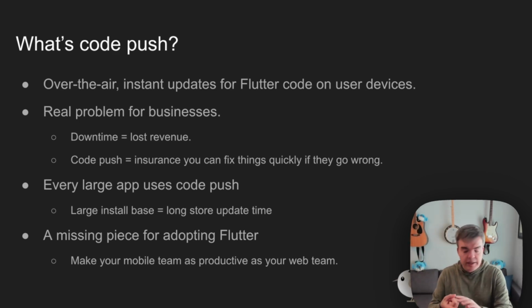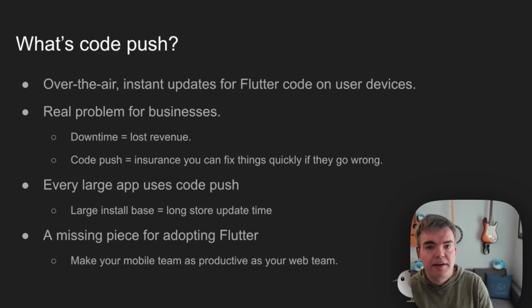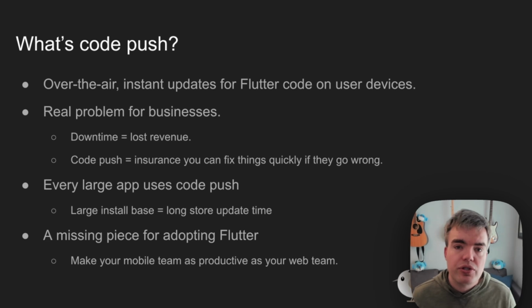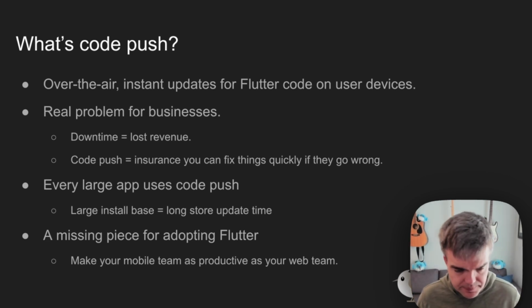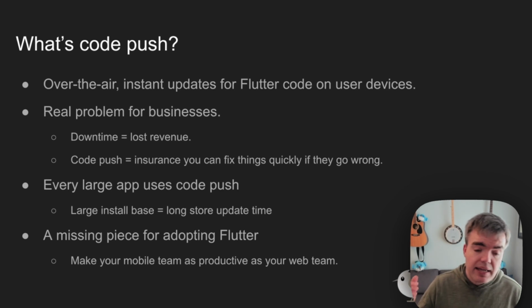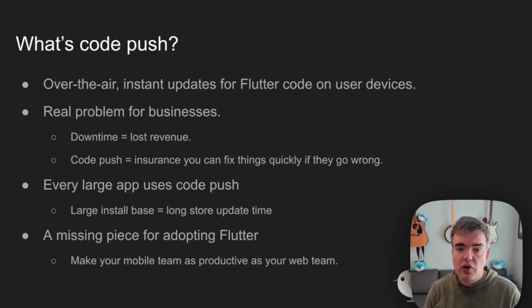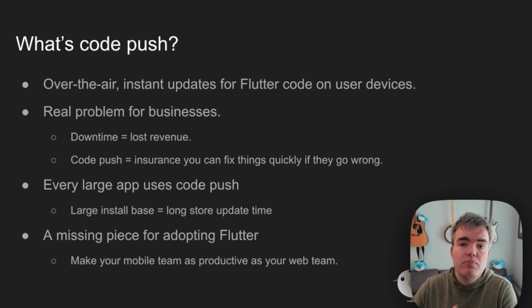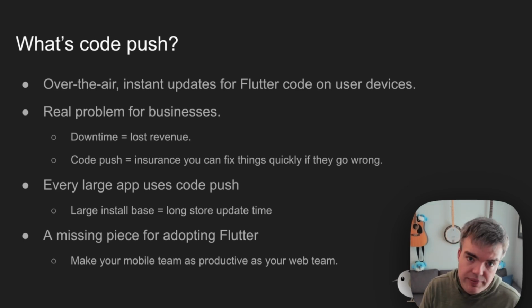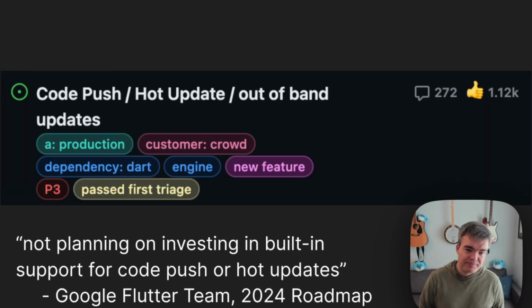But if you look at the YouTubes, TikToks, Facebooks of the world, they all use their own, often hand-rolled code push solutions today. And this was a big piece missing for adoption for Flutter. While leading the Flutter team, I had countless customer conversations where this was a request, or businesses would tell me, well, we can't move to Flutter until you have code push. Well, now you can.